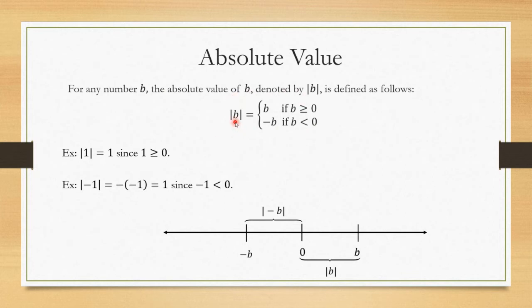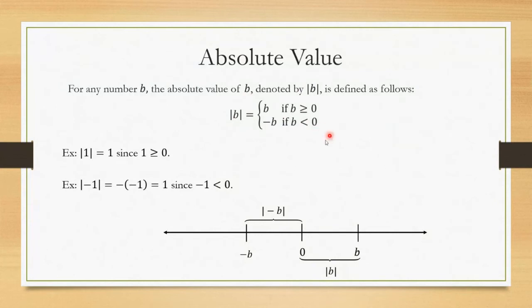This is saying the absolute value of that number b, whatever b is, is going to be b itself if b is non-negative. But we get back negative b if b, however, is negative.